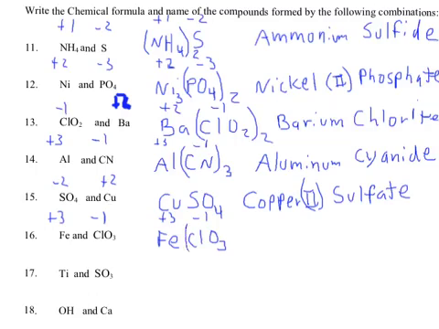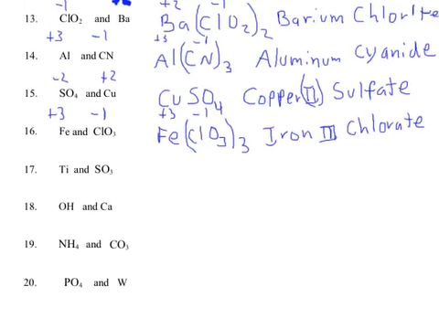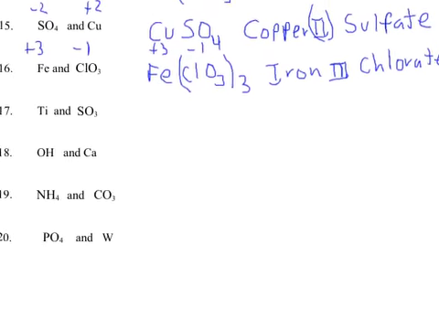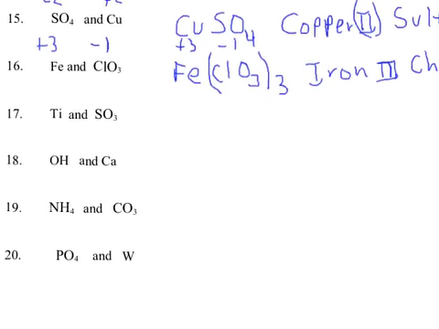So I put parentheses, 3. And I'm going to call it iron 3 chlorate. I apologize if I've been calling it chlorite. That'd be my bad. Alright, I'm going to move this whole show up a little bit here if you don't mind. In fact, I'm going to expand a little bit because I need some room here.